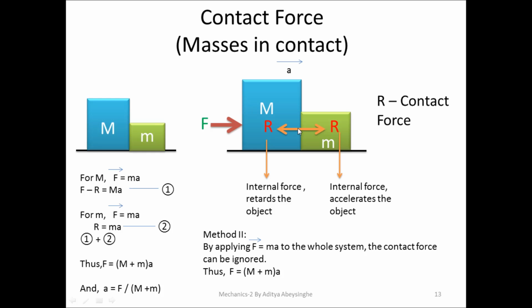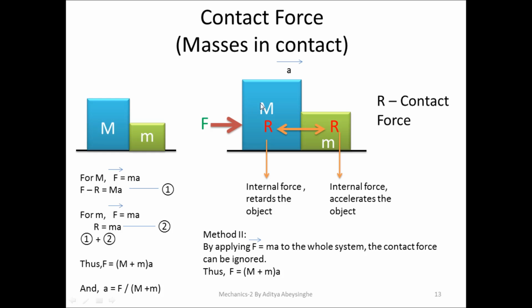By applying F equals ma either to the whole system or to the systems individually, you can find that the force is equal to the sum of masses times the acceleration, and thus the acceleration is equal to force over the sum of the masses. Both of these forces are internal forces.